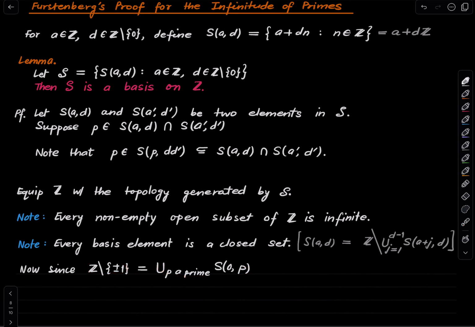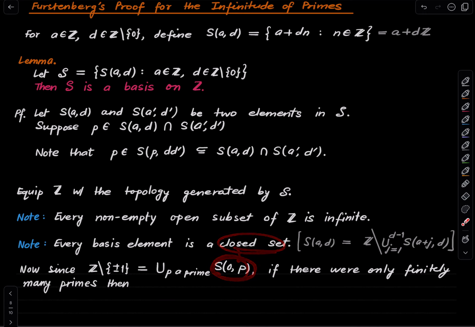If there were only finitely many primes, then, well, what? Each of these guys is a closed set. Every basis element is a closed set. Each of these guys therefore is a closed set. And if there were only finitely many primes, this would also be a closed set.